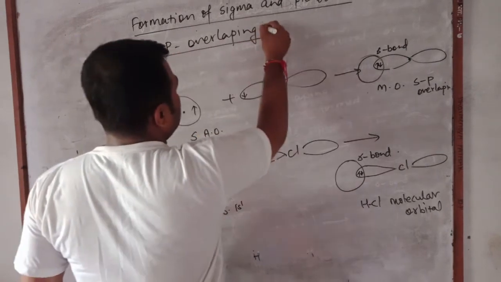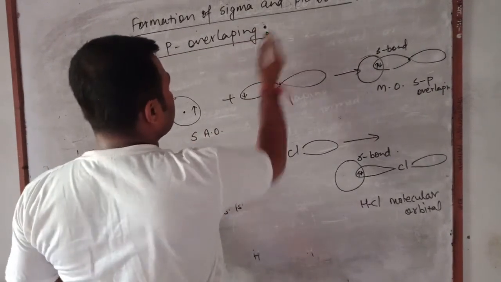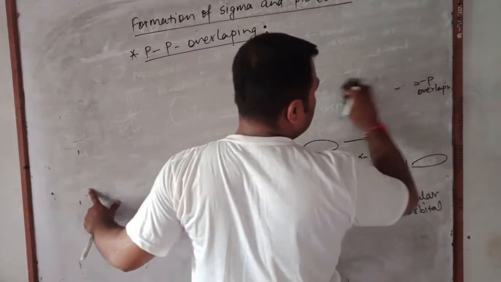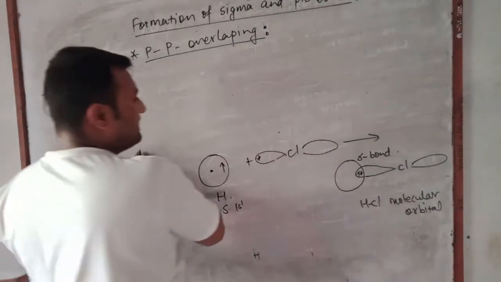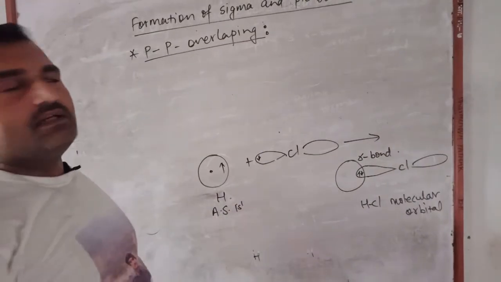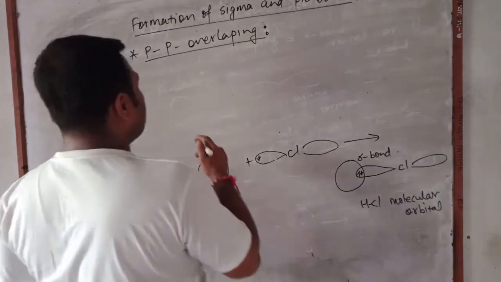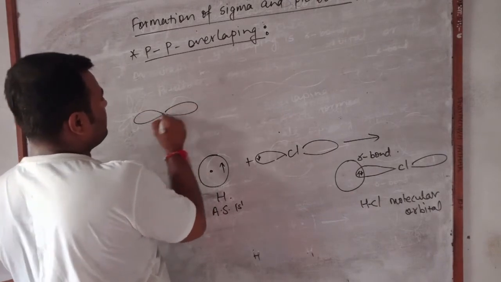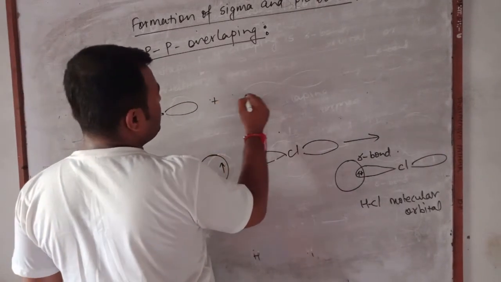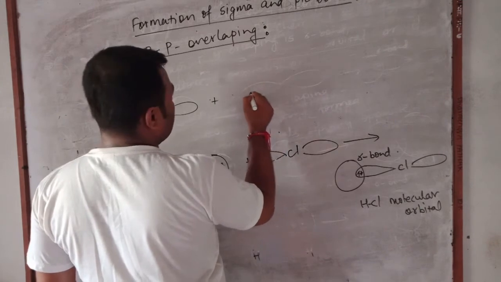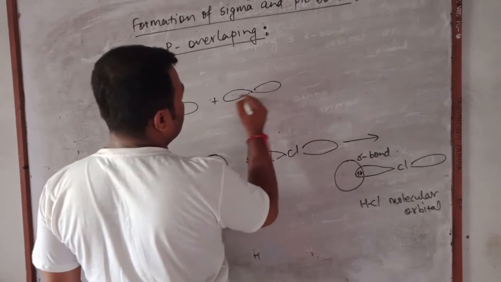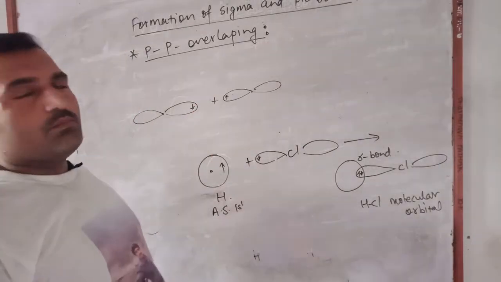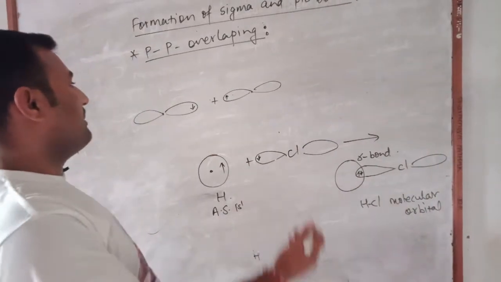When two p atomic orbitals overlap with each other head-to-head, like a p atomic orbital overlapping with another p orbital, then the bond formed is a sigma bond.